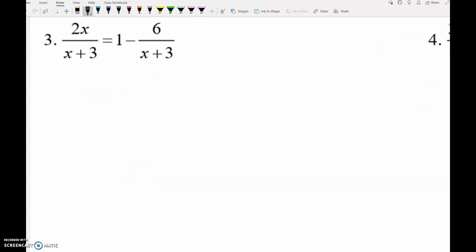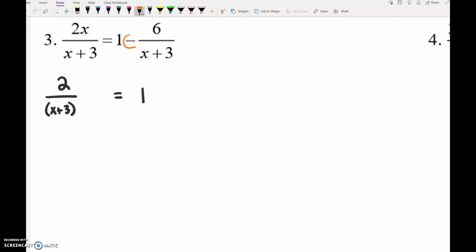Okay, when we approach this type, this is not fraction equals fraction. There's extra terms in here, so we're going to have to use a different tactic. I like to rewrite the problem, spreading it out, and factoring any denominators that we may need to factor. X plus 3 is good. I'm just going to put it in parentheses and give myself some space.